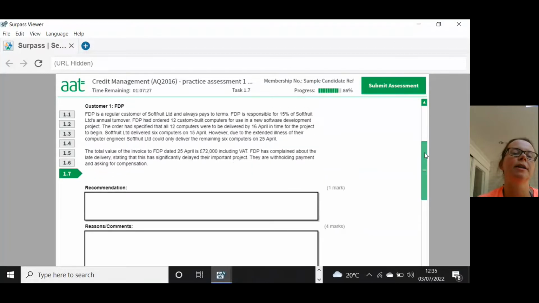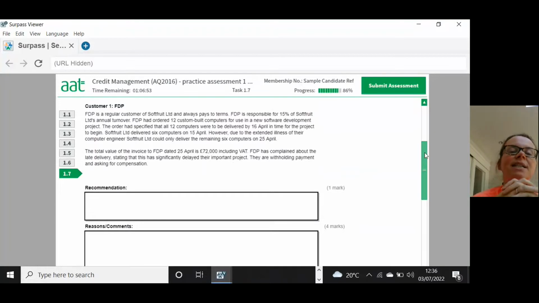So, customer 1. FDP is a regular customer of Soft Fruit Limited and always pays to terms. FDP is responsible for 15% of Soft Fruit Limited's annual turnover. Right, so immediately we know this is a big, important customer. FDP has ordered 12 custom-built computers for use in a new software development project. The order had specified that all 12 computers were to be delivered by the 16th of April in time for the project to begin.